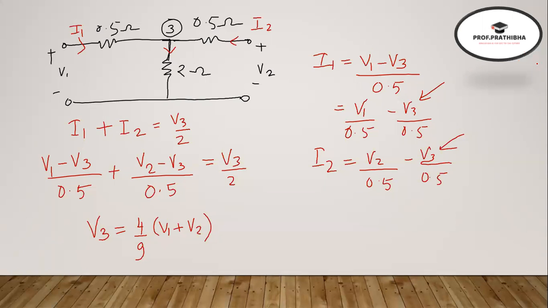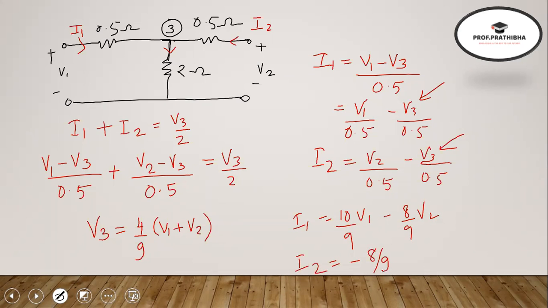Have you got it? If you have substituted V3, then you should get your I1 as something like 10 by 9 V1 minus 8 by 9 V2. And you should get your I2 as minus 8 by 9 of V1 plus 10 by 9 of V2.